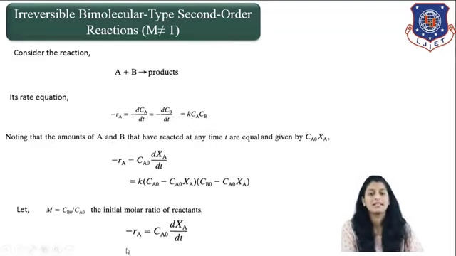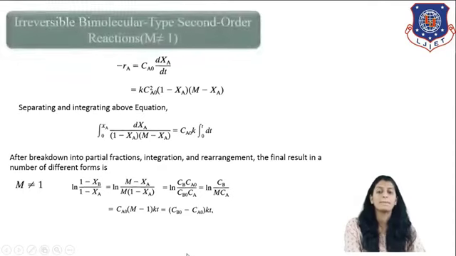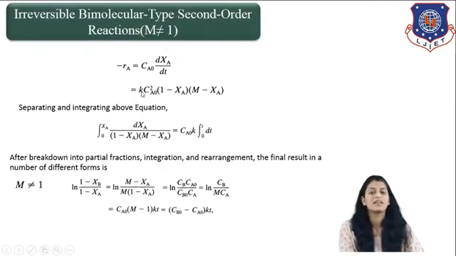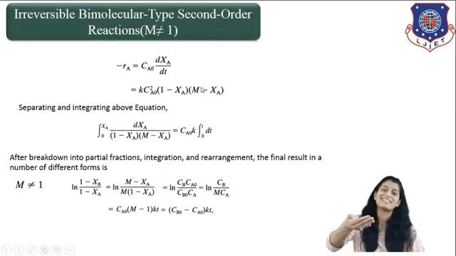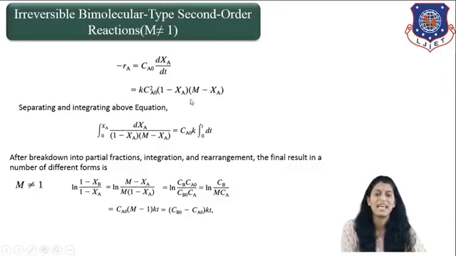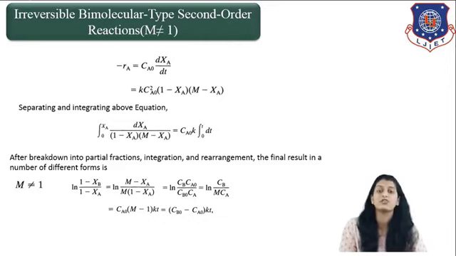So minus rA equals CA0 dXA by dt, or it can be written as K CA0 whole square, because we have taken CB0 by CA0 as M here, and M is a constant value because the initial concentration of your given reactant is going to be constant at any given time, right?